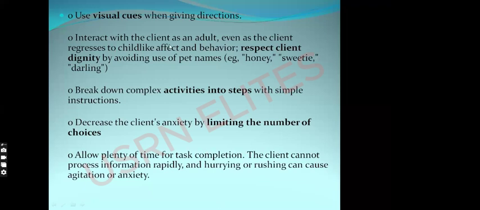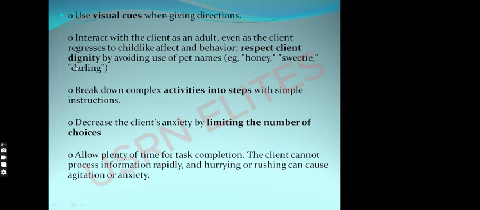Please always interact with the client as an adult, even if the client regresses to childlike affect and behavior. You see, we've even bolded it here.